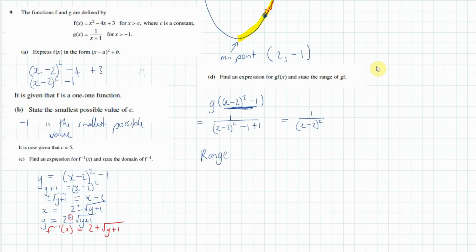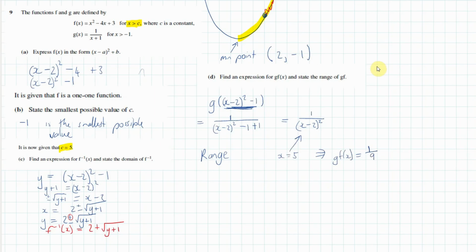To determine the range, you need to look at this here. We have to put in x is greater than 5, according to this. So if we put in x equals 5 into here, that leads us to gf(x) equal to 1 over 5 minus 2, which is 3. 3 squared is 9, so 1/9.